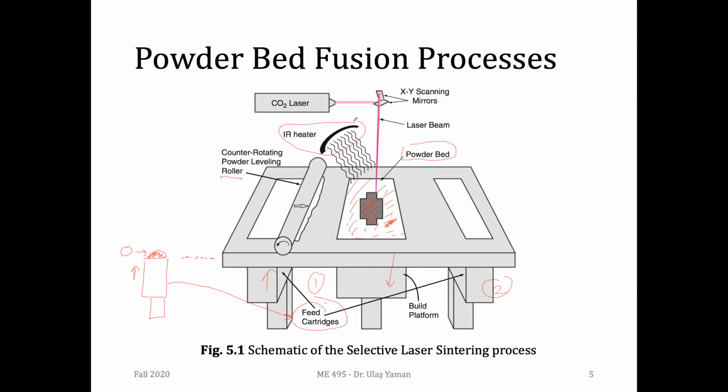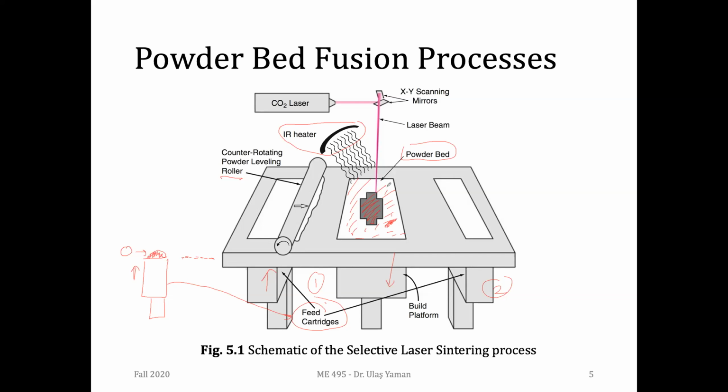To control the environment, to heat the environment, yes, somehow. And another idea? To make it easier to sinter, you say? Yes, so like preheating it so that the laser can heat it more easily.